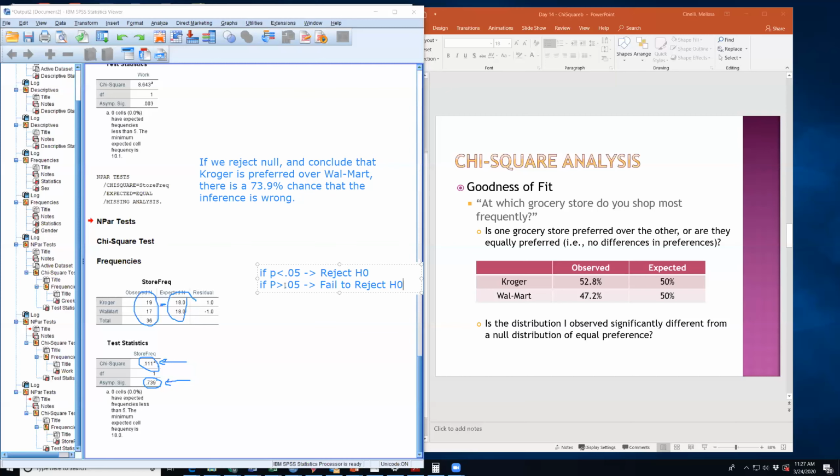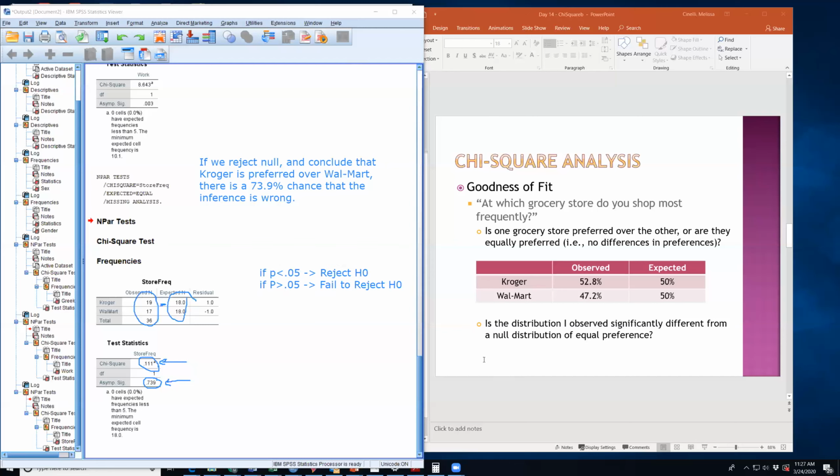All right, so our p-value is much greater than 0.05, so we are going to fail to reject the null hypothesis. Remember, the null hypothesis here is equal preference. So we're failing to reject that, which means we're concluding that that is what is more supported. And so we're going to say that we fail to reject the null.